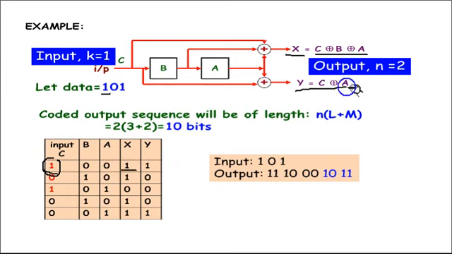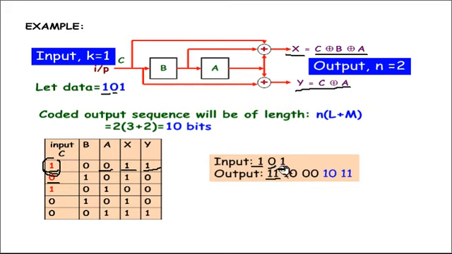Similarly, the value of y will be C XORed with A, meaning 1 XORed with 0, which gives 1. So this is how for the first input bit 1 we calculate the values of x and y as 1 1. Similarly, let's consider the next input bit, that is 0.